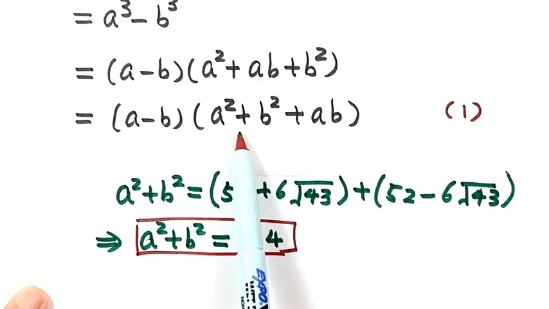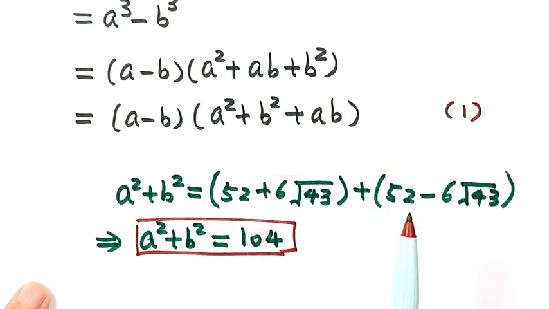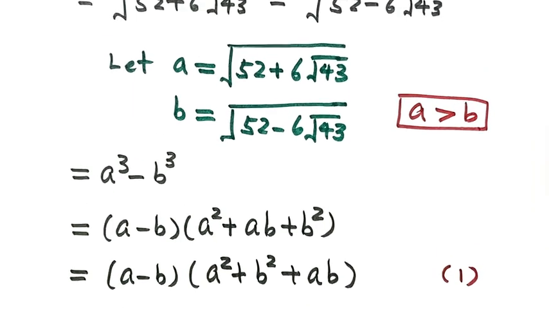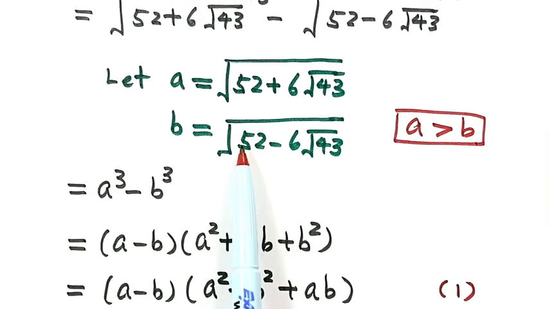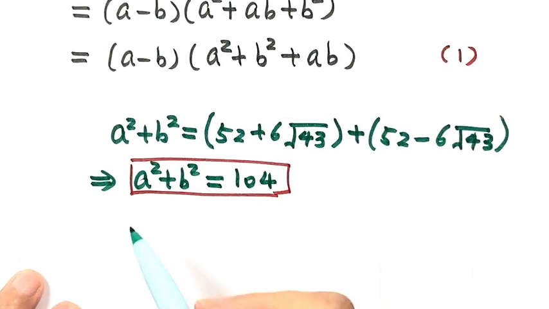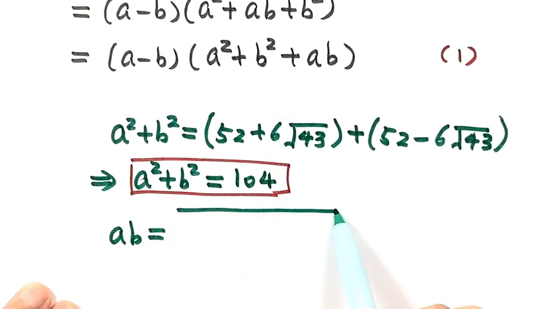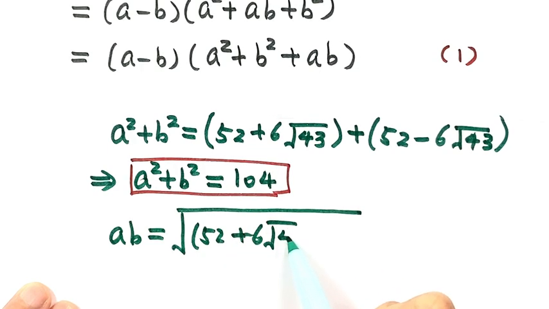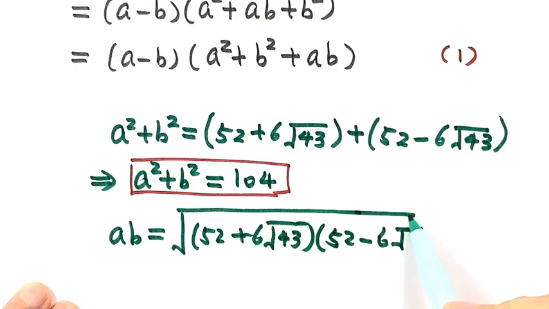Okay, so we got this part. So now let's see what's a times b. So a times b, just put these two under the same square root. Then just the square root of 52 plus 6 square root 43, times 52 minus 6 square root 43.